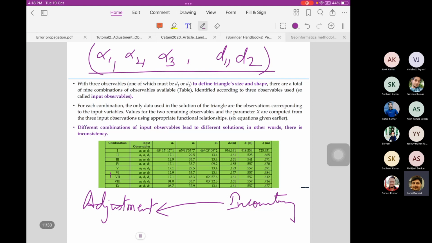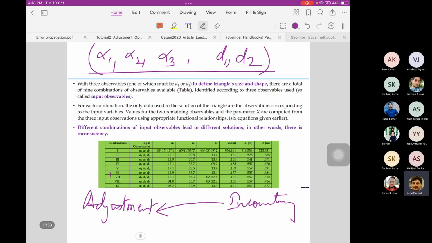Basic theory says you should have redundancy, but practicality says you would have inconsistency. Now in this case we had redundancy, but we have inconsistency in the final solution. So averaging is always an easy-going task, isn't it? You cannot exclude averaging, but will it serve the purpose? Is there any other option?